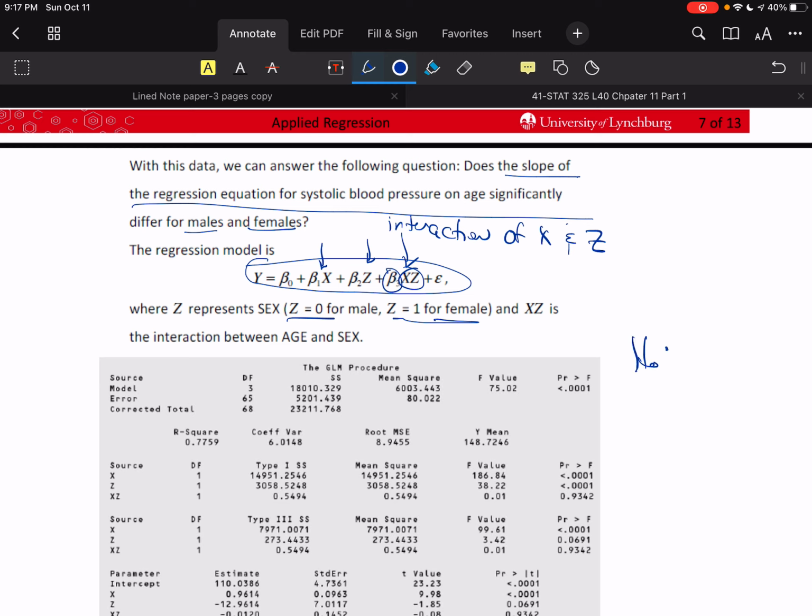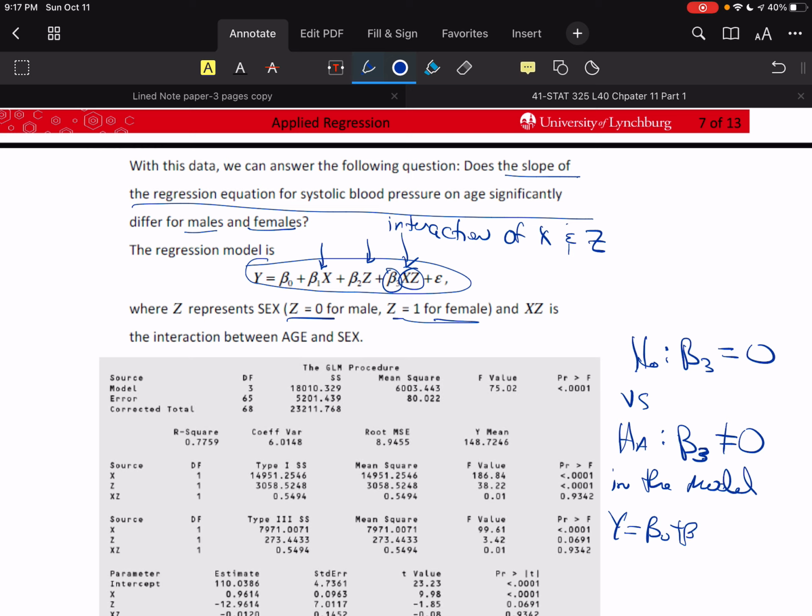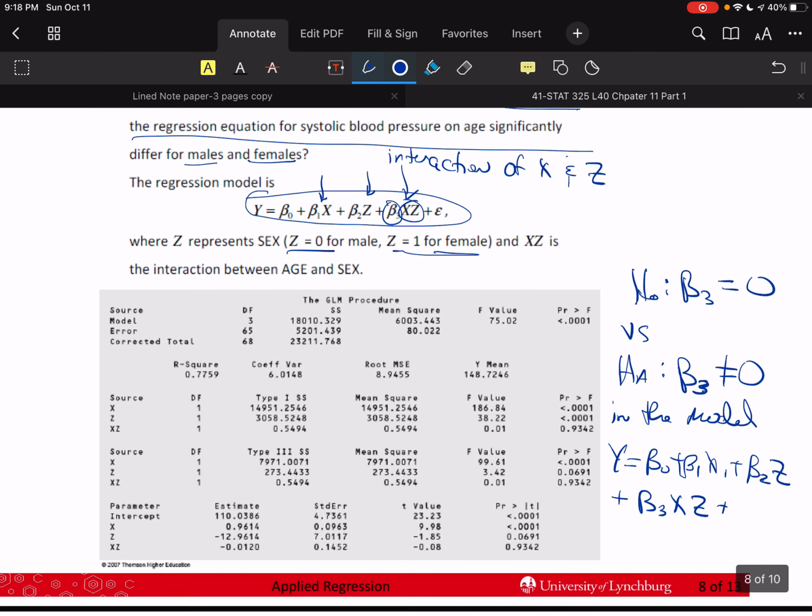So it's H naught: beta 3 equals 0 versus HA: beta 3 not equal to 0 in the model y equals beta naught plus beta 1 x plus beta 2 z plus beta 3 x z plus e.